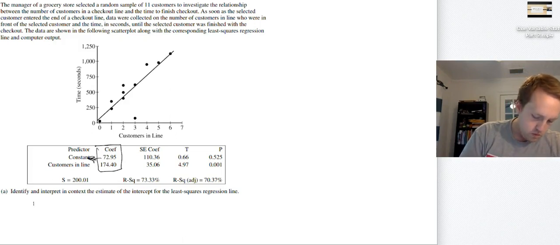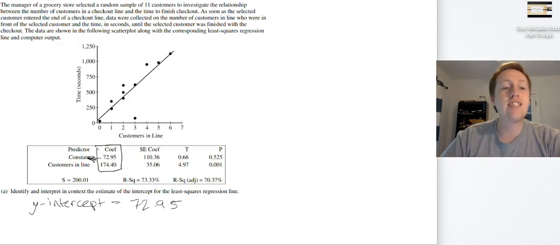So y-intercept is 72.95. And remember, that's the predicted value of y when x is 0.